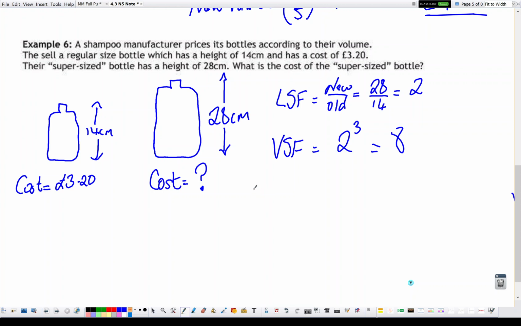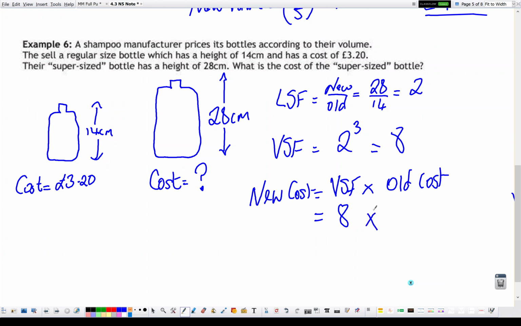Okay, so to get the new cost, we take our volume scale factor and multiply by the old cost. So the volume scale factor is 8, it's 2 cubed, times by the old cost, which is £3.20. Work that out, write your pound sign, and then that's it.